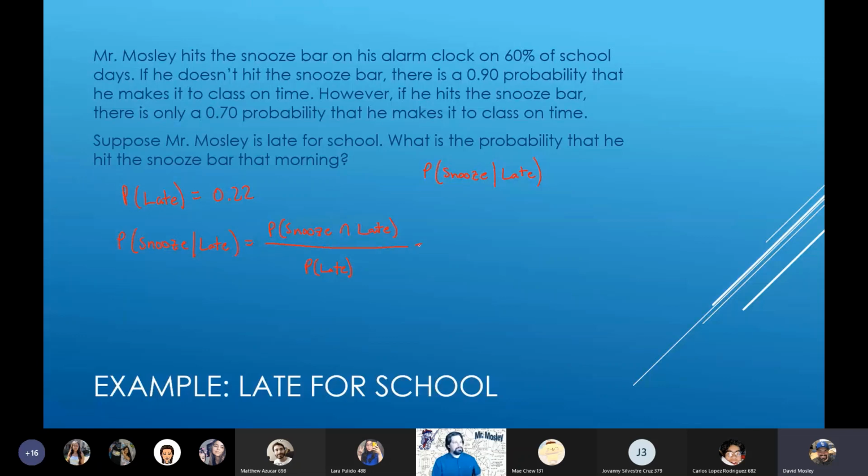So, what do we know? That we have this and, right? What do we do from here, guys? What can we fill in?